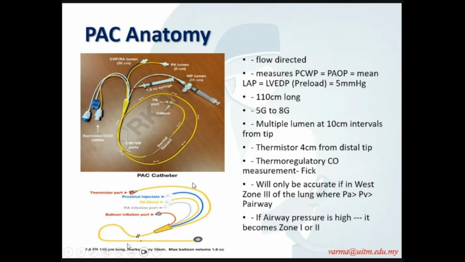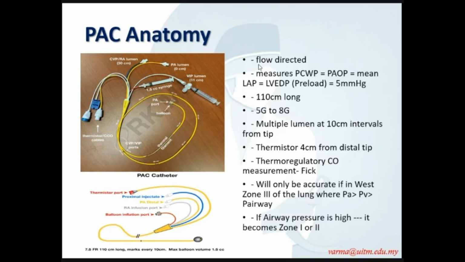This is your Swan-Ganz catheter. It is flow directed. I'm just going to give you all the important tips and the words that you have to remember for MCQ. It is a flow directed catheter. It means you don't push it carelessly. You insert up to the central line.